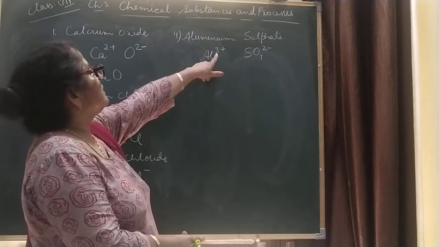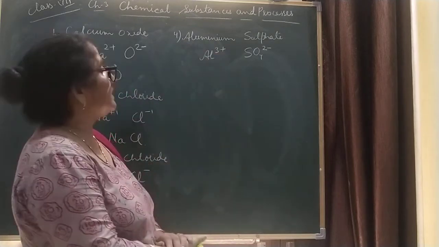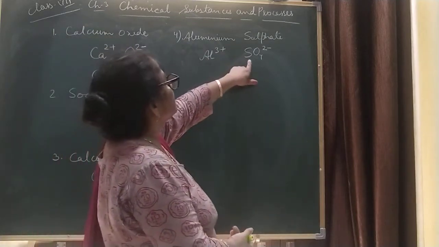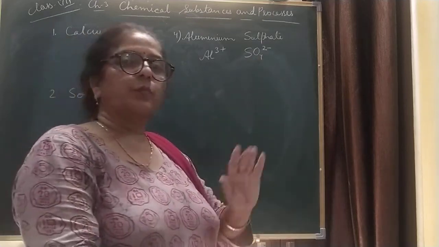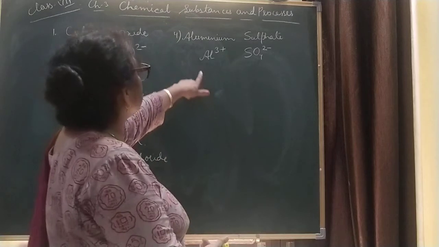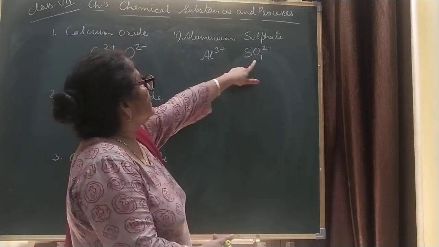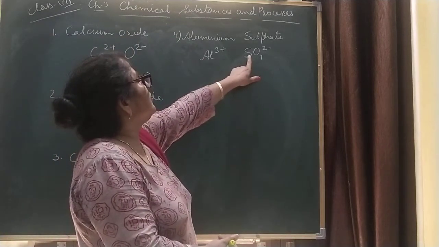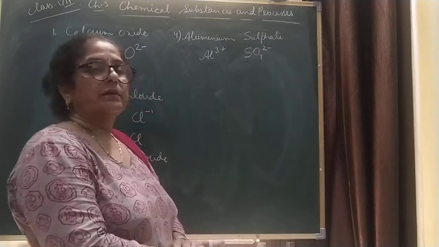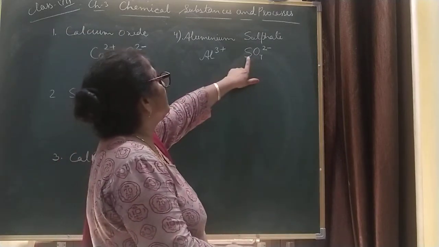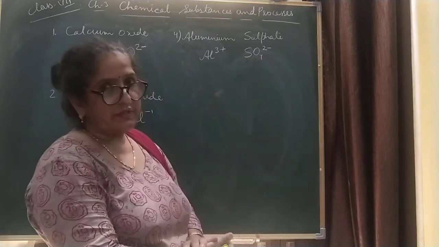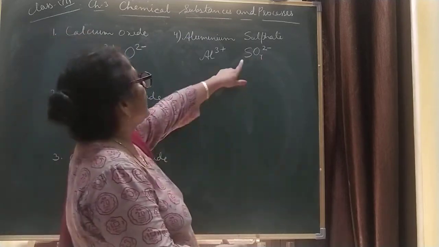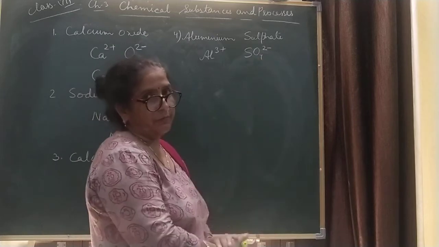It has valency 3 positive, means its charge is 3 positive. SO4 is a polyatomic ion. These both are ions, but here there is a single element, and in this case there are two elements, sulfur and oxygen. Sulfate is made by one atom of sulfur and 4 atoms of oxygen. So the formula becomes SO4 2 negative.